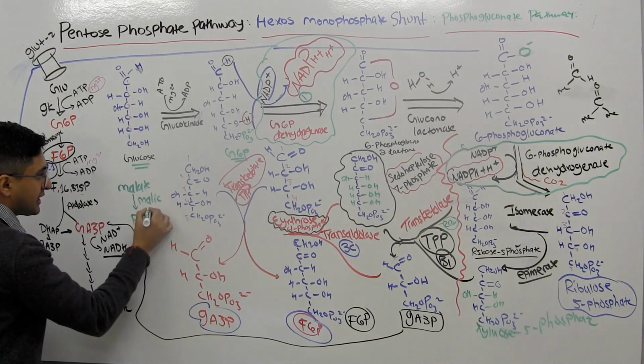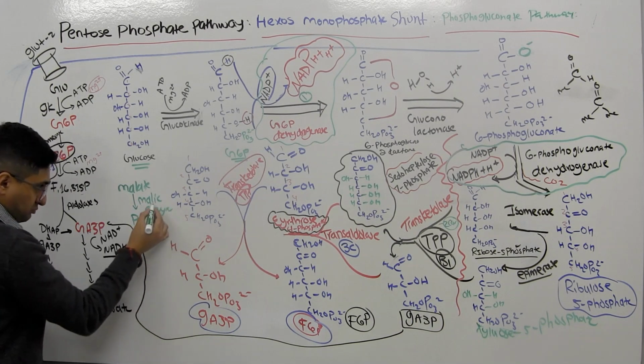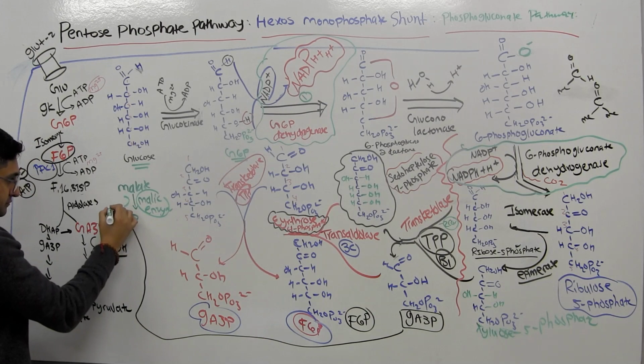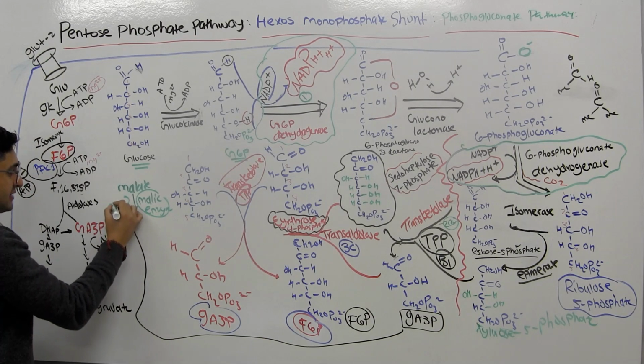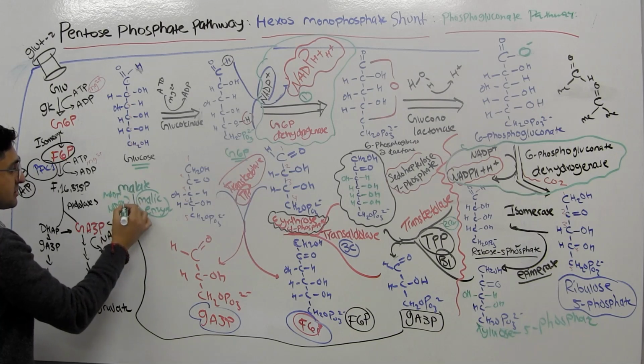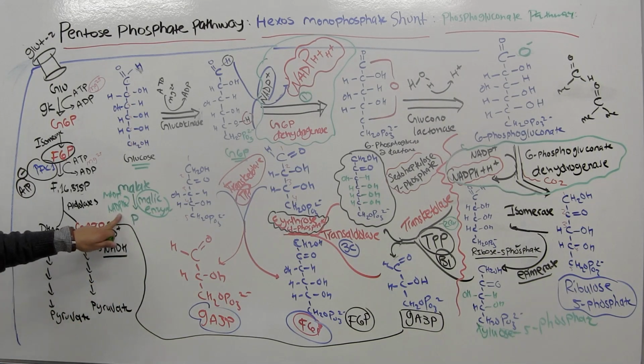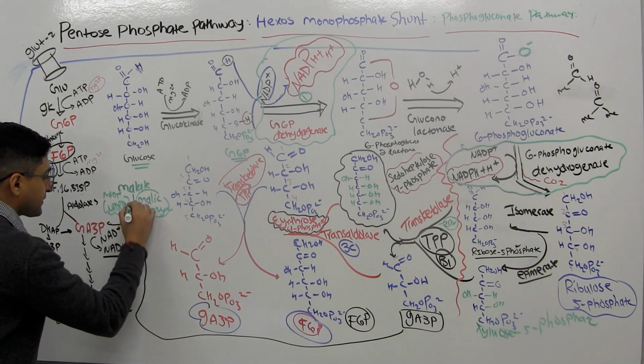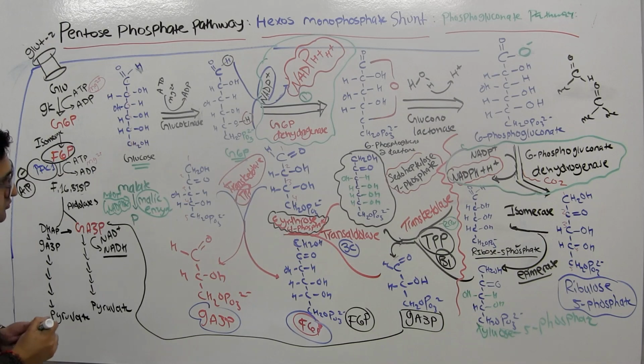Guys, do you remember this malic enzyme? This malic enzyme also made one NADPH from NADP plus. Okay, this is also one place where we make NADPH, right? And you have to remember this. All right, that's what it is.